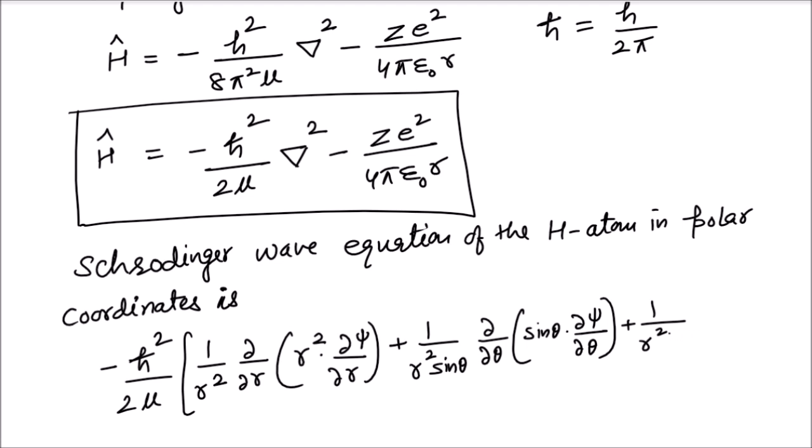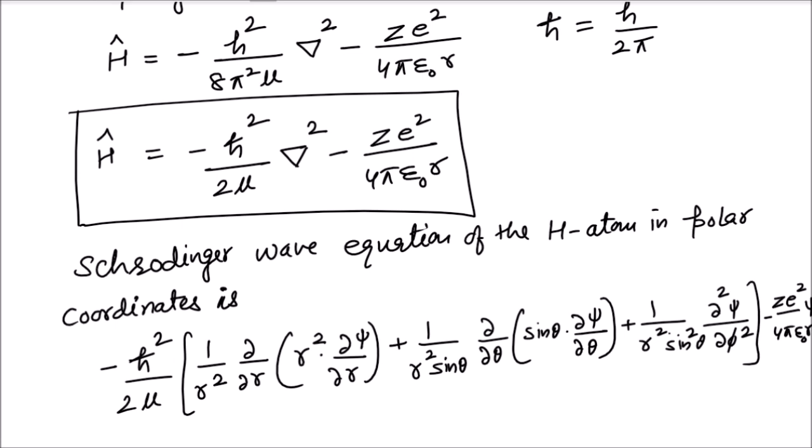Okay, 1 upon r square sin square theta, second partial differential of psi with respect to phi square, minus Z e square upon 4 pi epsilon naught r into psi equal to E psi.